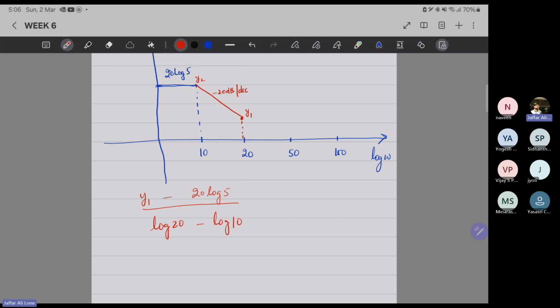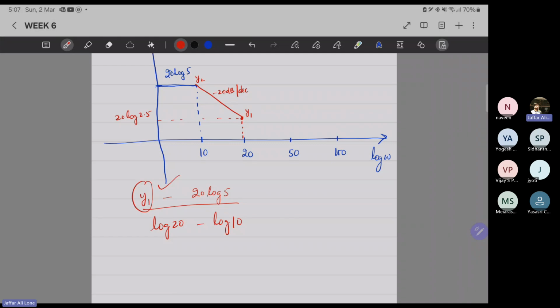So you can easily find the value of y1 from here, which I told you is minus 20 minus 2.5. It is actually 20 log 2.5. You can easily calculate it from this mathematics like slope.